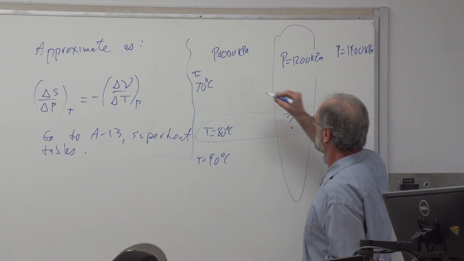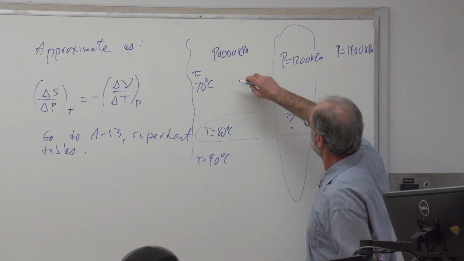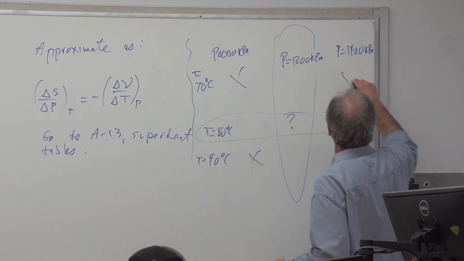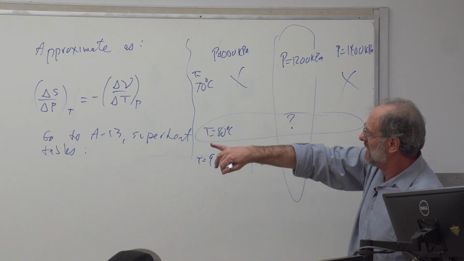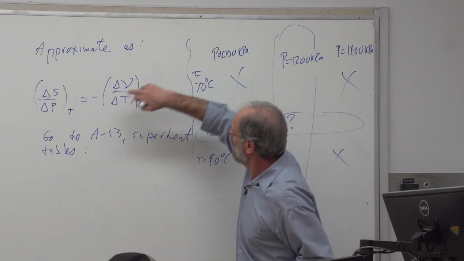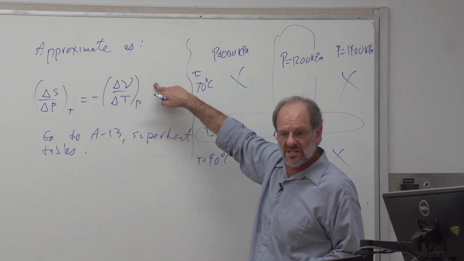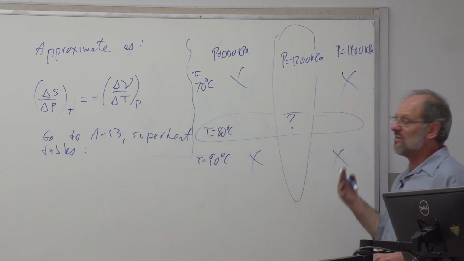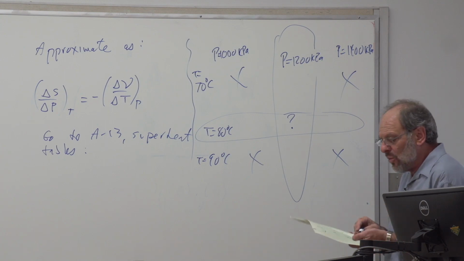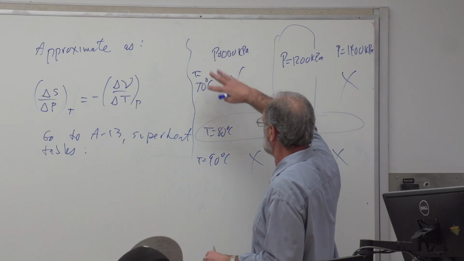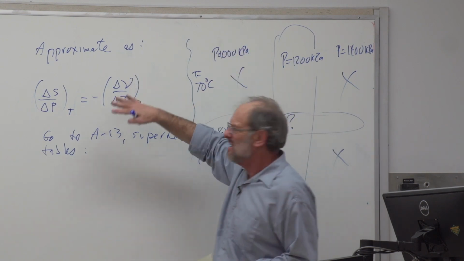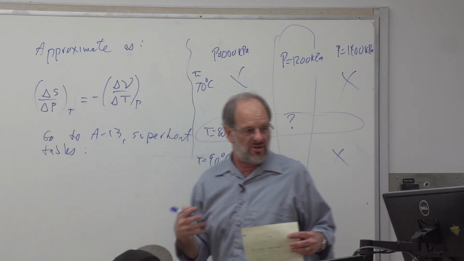So what we're going to do is we're going to look at all this bounding data. We're going to look at the data over here and over here and over here and over here. And somehow, by using the equations that we've just talked about, which is approximated as this, I should be able to see whether the Maxwell relations work or not. Now, really, what you'd be doing if this were a real lab is you'd just be recording pressure and temperature and specific volume data, and the end result would be to find your entropy data.